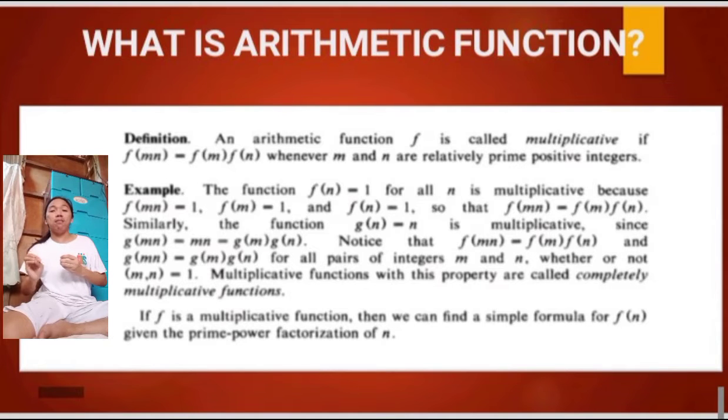It is multiplicative because f of mn is equal to 1. Let us separate: f of m is equal to 1 times f of n is equal to 1. So f of mn is equal to f of m times f of n, where m and n are any integers. This property is called completely multiplicative.